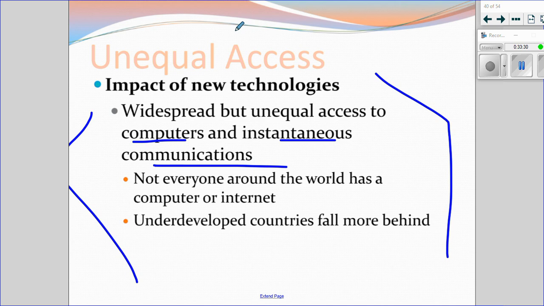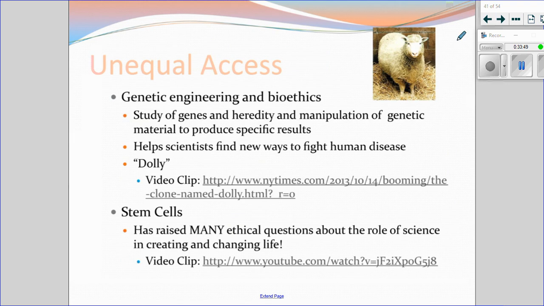There are schools that only have a computer for every 50 or 60 students. And this is not just a US phenomenon, it's a global phenomenon. Less developed countries are behind when it comes to equitable access to communications and computers, things like that.